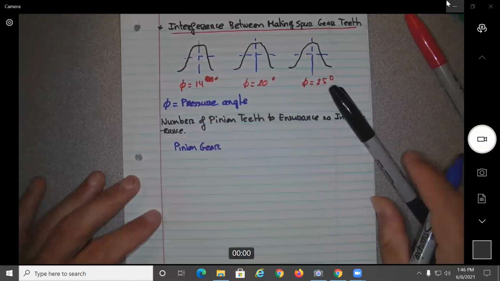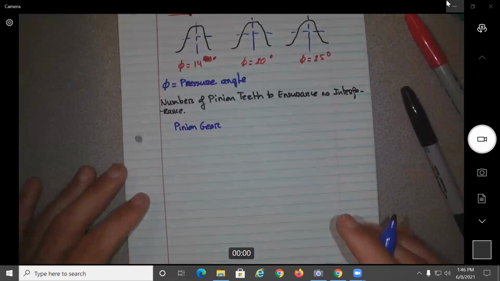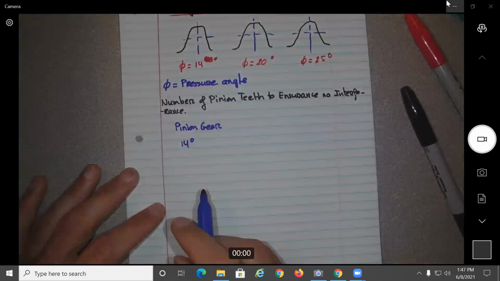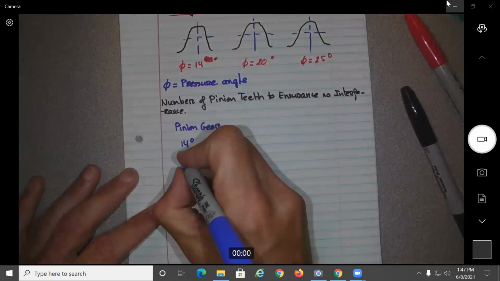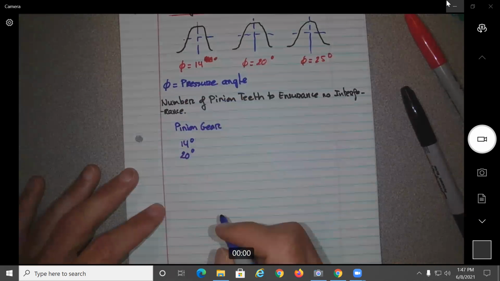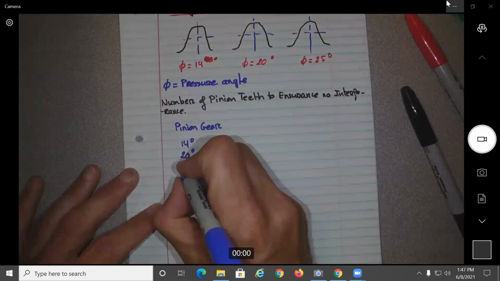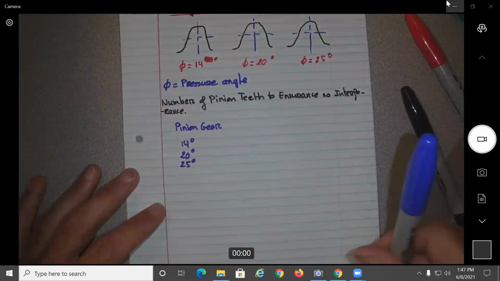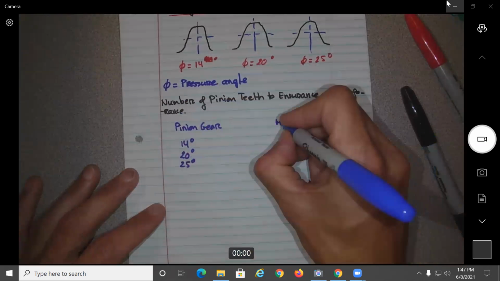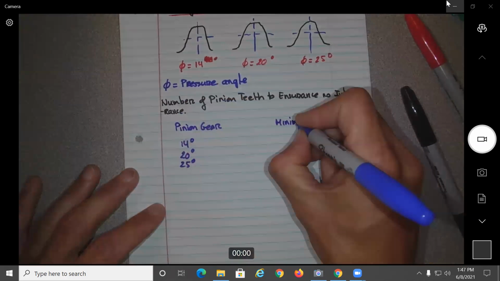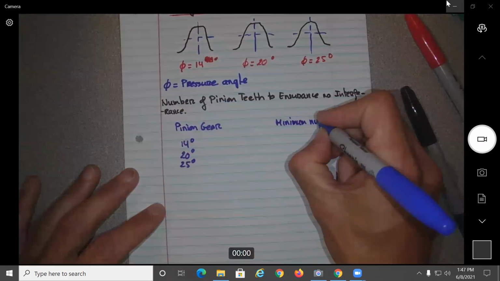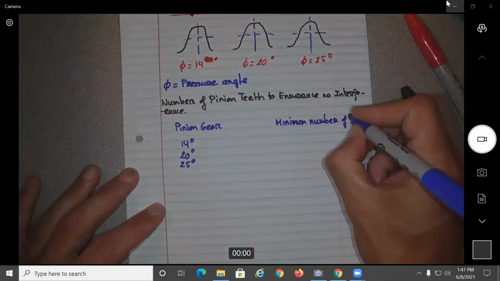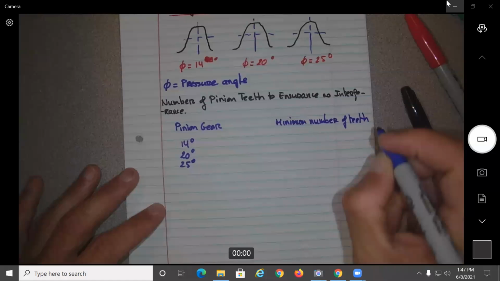So pinion gear. So let's say you have 14.5 pressure angle, then 20 degrees pressure angle, or 25 degrees pressure angle. The minimum number of teeth will be what?